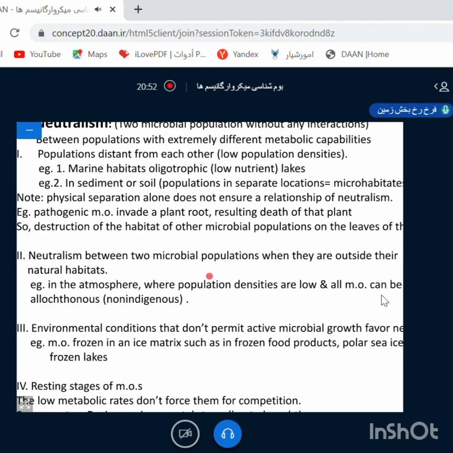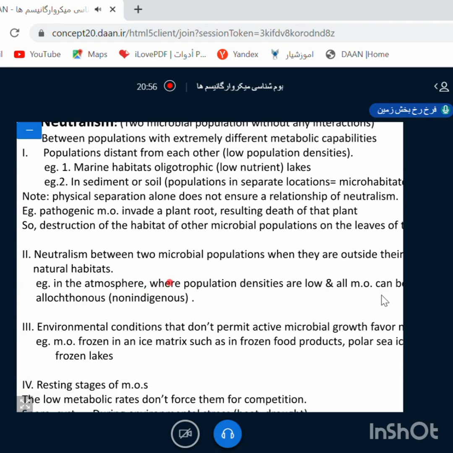Microbial populations, when they are outside their natural habitats. See, life is on the earth. Earth has three habitats. One habitat is soil.